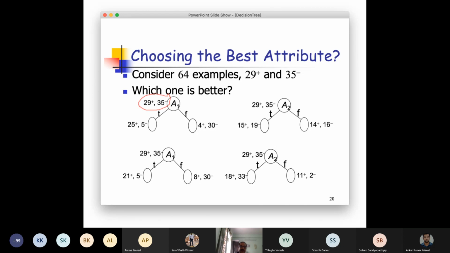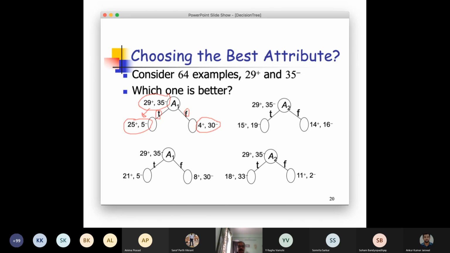Based on attribute A1, if you sort, A1 has two values, either true or false. These are binary attribute values. If A1 is true, then 25 are positive and 5 are negative. Where A1 is false, 4 are positive and 30 are negative.